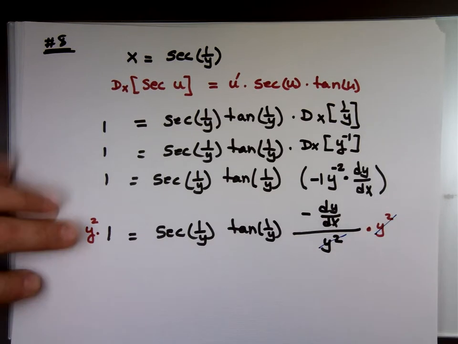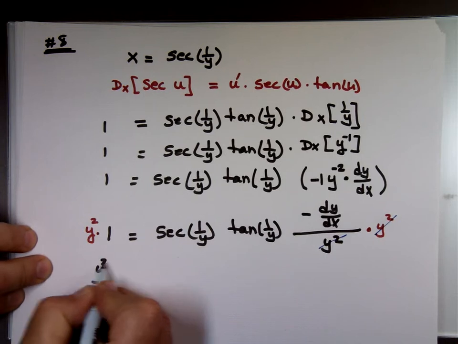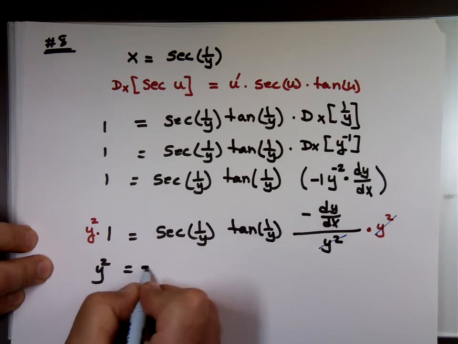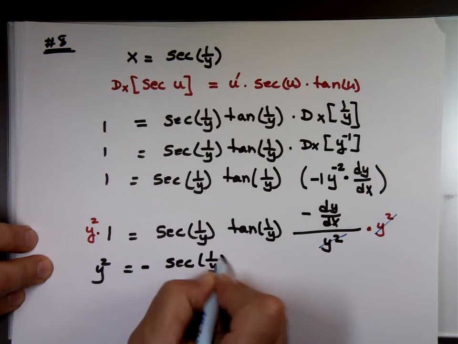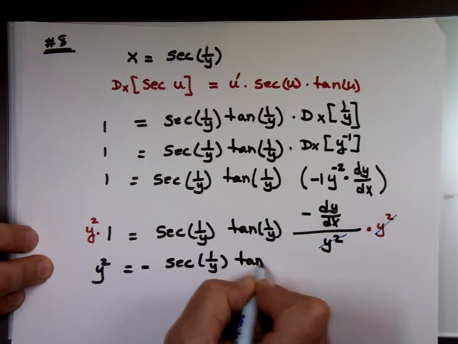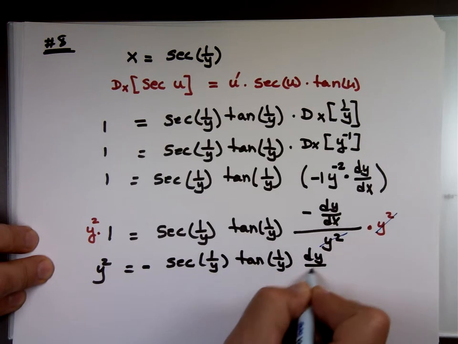Right there. So you get y squared equals, I have a minus sign in the front, I'll put it in the front here, secant 1 over y, tangent 1 over y, dy dx. I took the minus in the front.